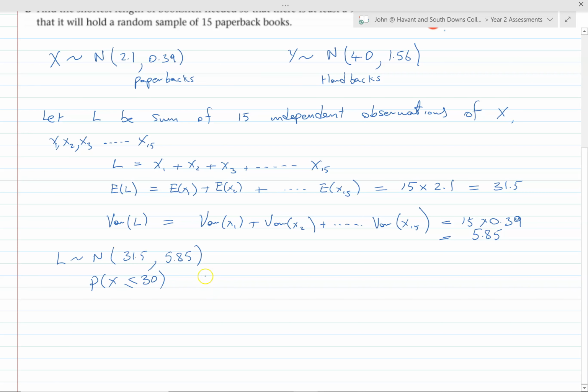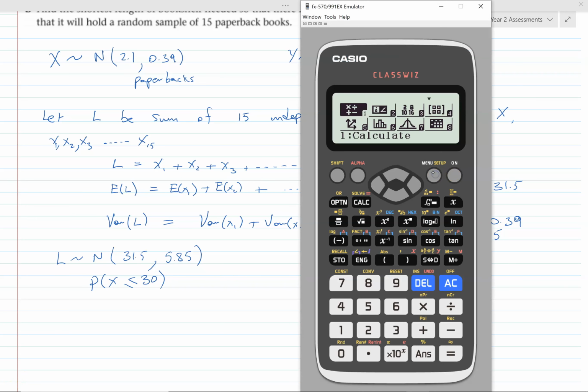Right, so at this point I'm not going to use the Z. I know some people will do this and then use the tables, but we're going to use the calculator here. So we want to press menu, and on this branded calculator that many people use, it's menu 7, and it's normal CD.